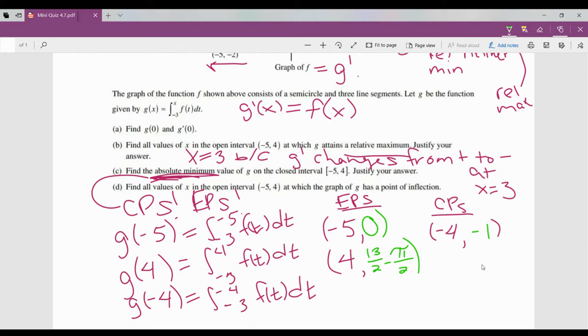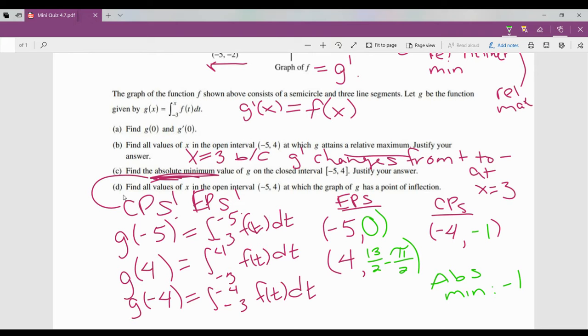So my absolute minimum is the y value we're giving, -1. All right, and if you have to justify your answer because you checked the CPs and the EPs, -1 is the absolute minimum of those.